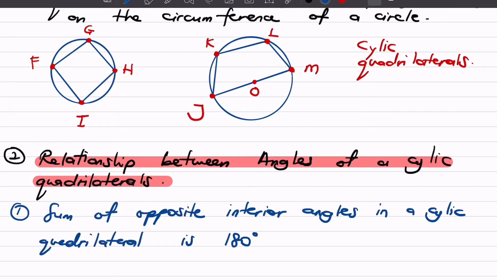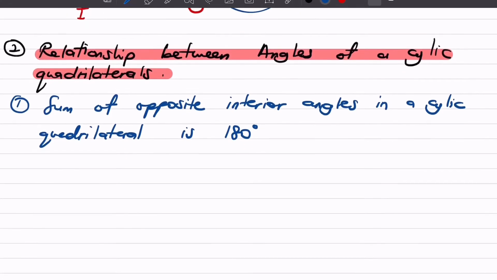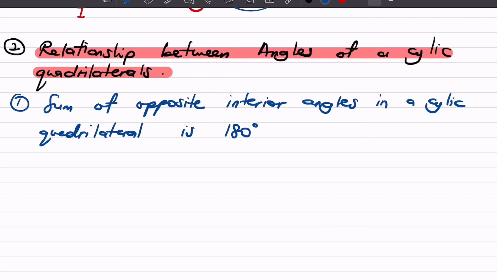This is very important. So there are actually three properties. So this is the sum of the opposite interior angles in a cyclic quadrilateral is 180.